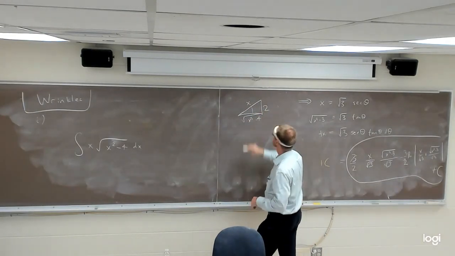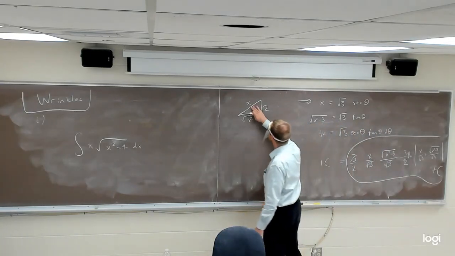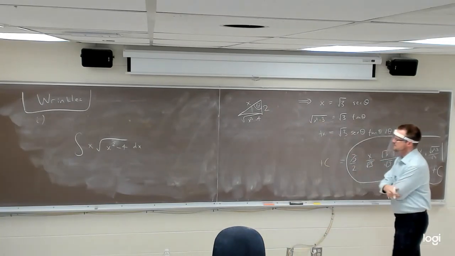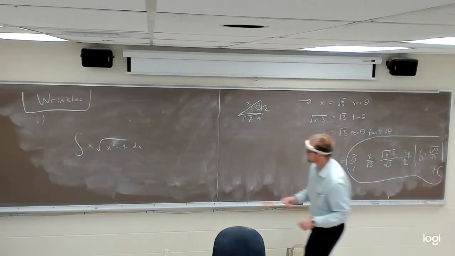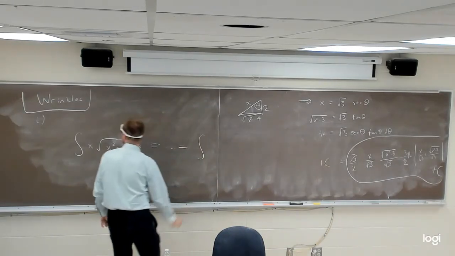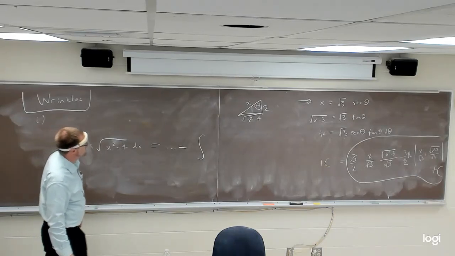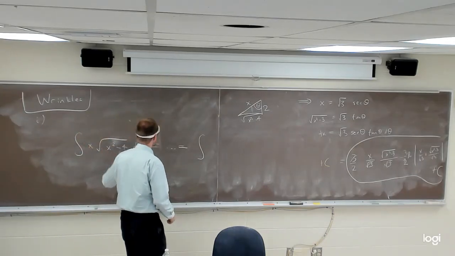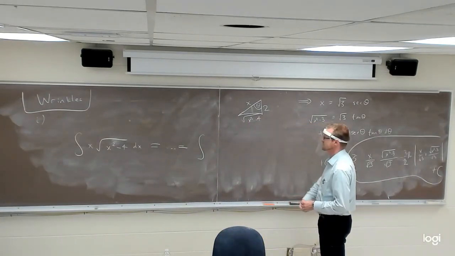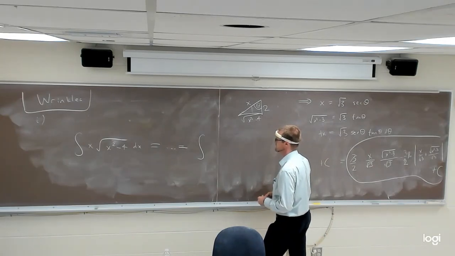So I'm going to think about this triangle, and maybe think about this angle, like the one we just did. If I were to trig sub this thing, x is 2 sec theta, the square root of x squared minus 4 is 2 tan theta, and then dx is 2 sec theta tan theta.